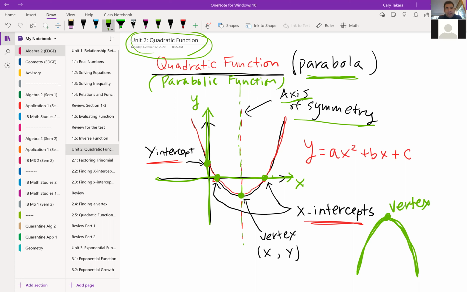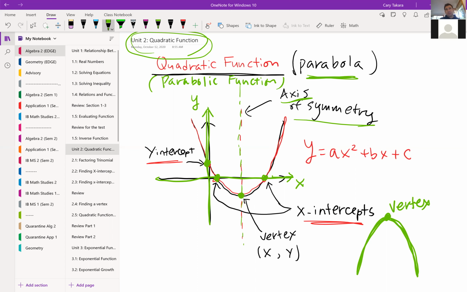Or if you throw a baseball, once the baseball leaves your hand, or the volleyball, once you hit the volleyball and it leaves your hand, it goes through the path of a parabolic function or quadratic function.